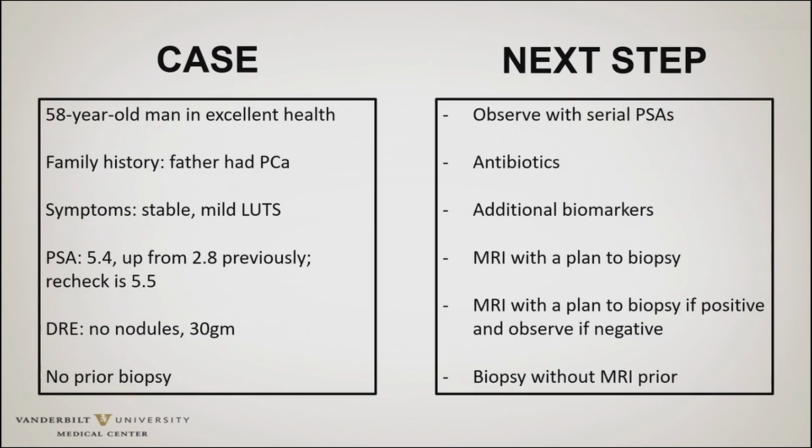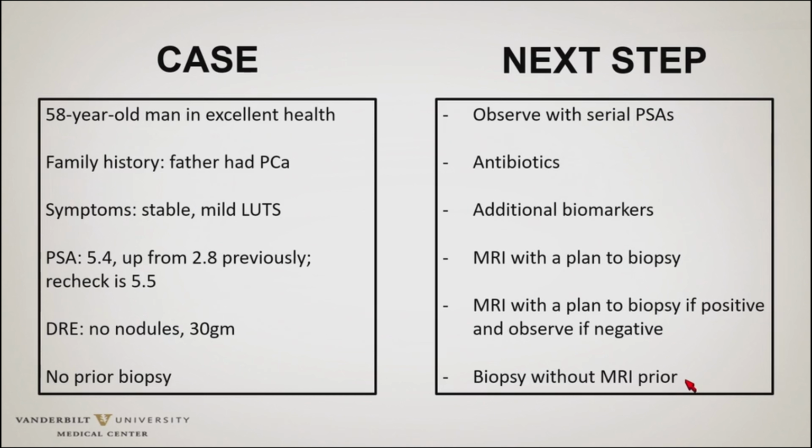Next step: I don't think we have the audience response system for this. The options are: observe with serial PSAs, antibiotic, additional biomarkers, MRI with a plan to do a biopsy if positive and observe if negative, or biopsy without MRI prior.